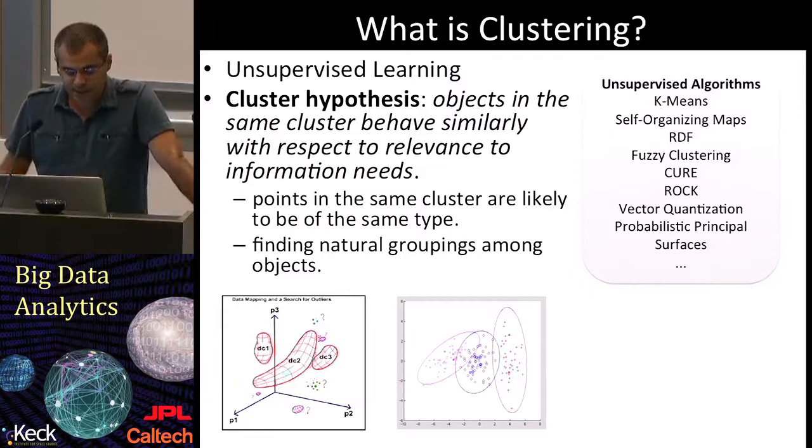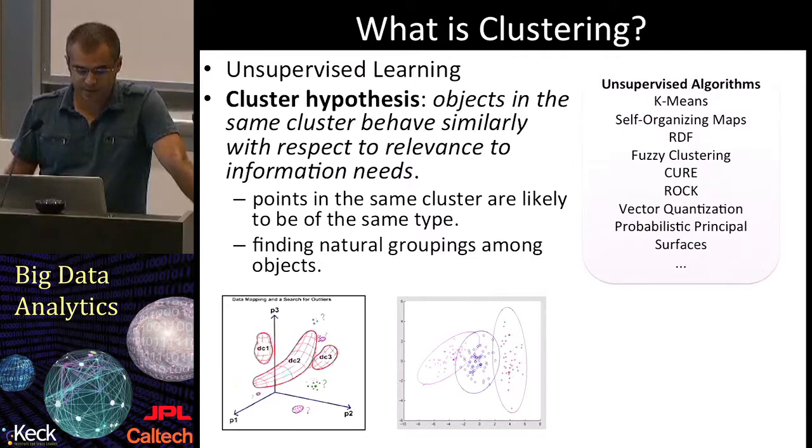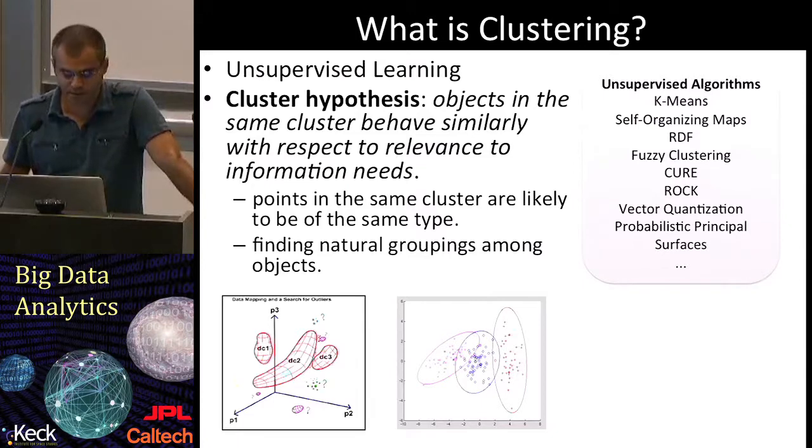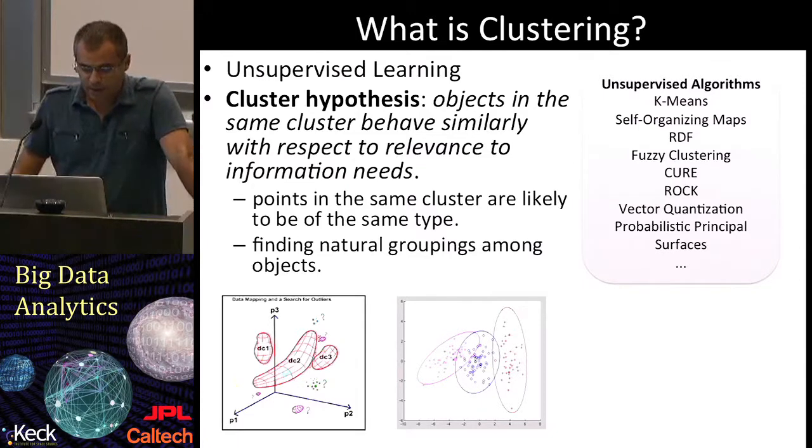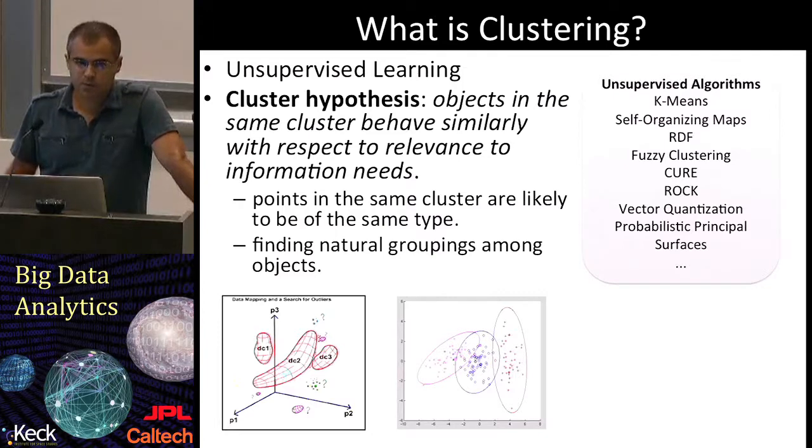According to the cluster hypothesis, objects in the same cluster behave similarly, meaning that points in the same cluster are likely to be of the same type, sharing, for example, some common statistical characteristics. With clustering, basically, we want to find natural groupings among objects. So let's start with some examples.